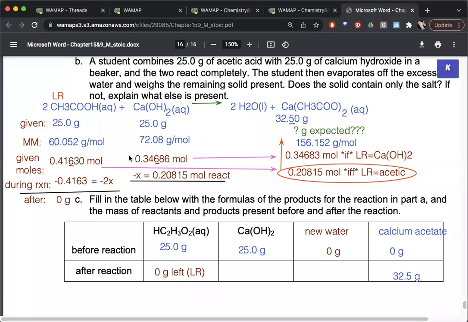Okay, so I've got 0.34686 minus 0.20815, and so I get 0.1387 moles left.